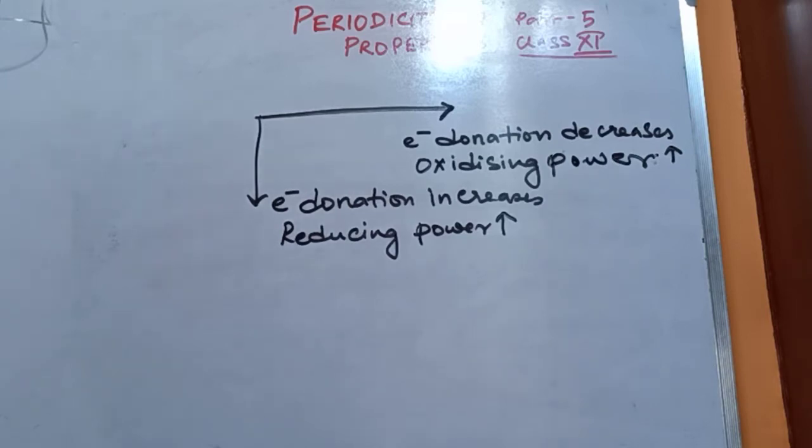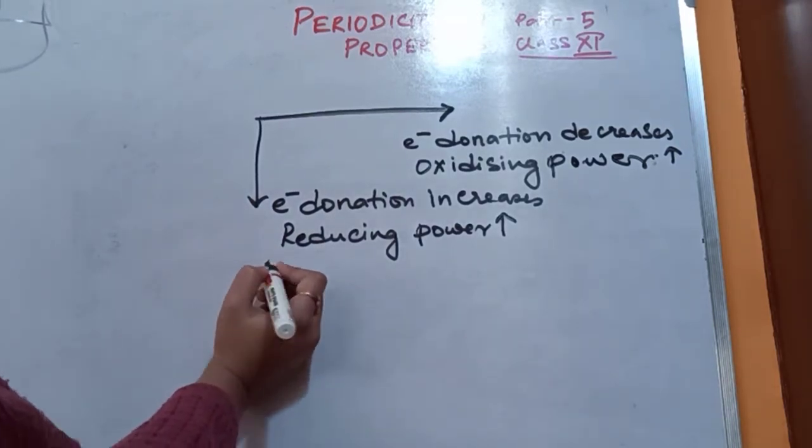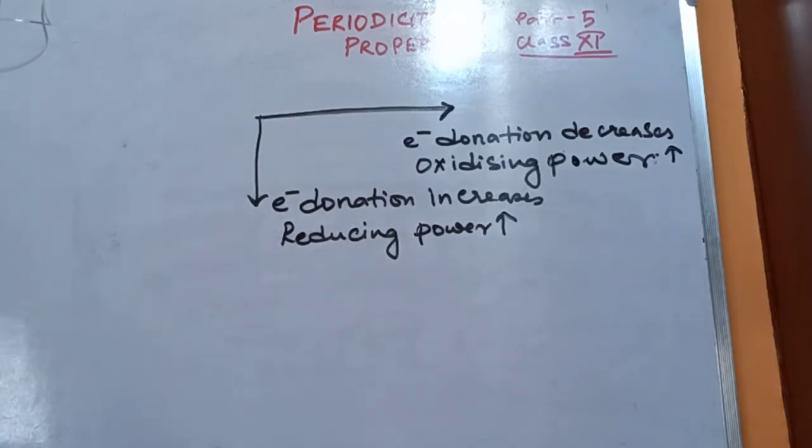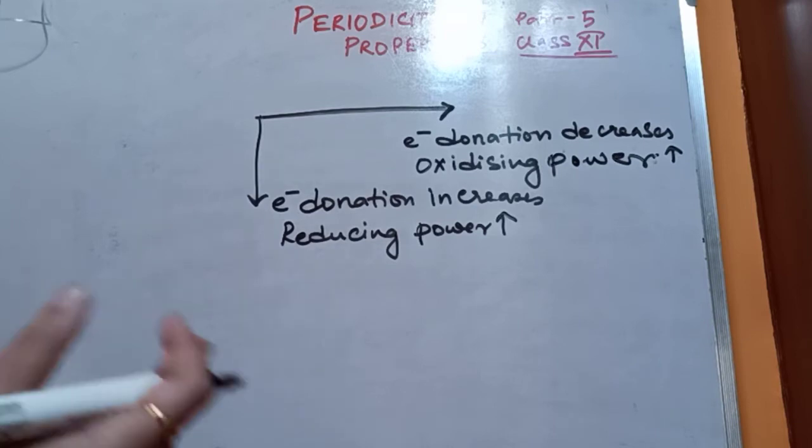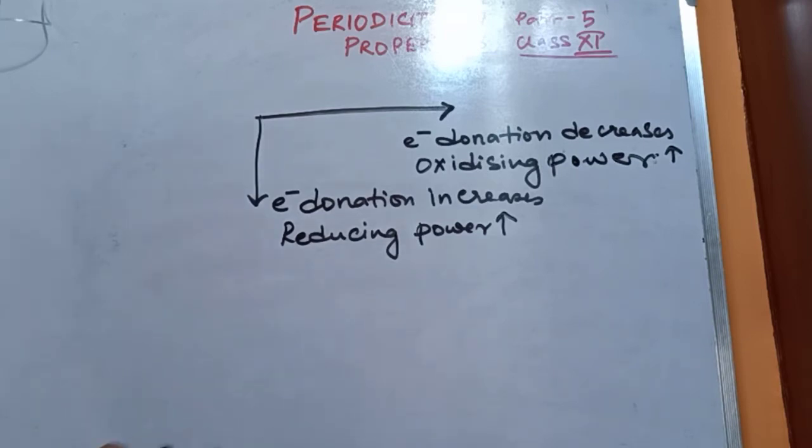Now I'll come to the easiest part, which is the valency. You all know about this valency very well. Valency is the combining capacity of an atom, of an element. It means how many electrons are combining of the two different elements. The valency is of three types: oxygen based, hydrogen based and chlorine based.